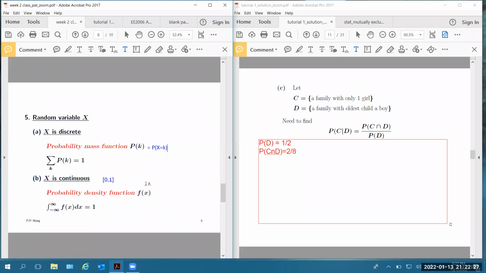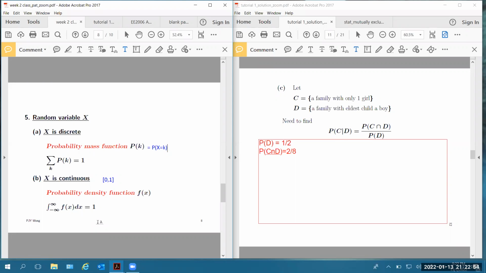Now we look at the famous property of a probability density function. If you integrate it over the whole real line, from -infinity to infinity, that means the total area under the curve, it is 1. Always 1. Just like here, the summation is always 1. So this is a famous property.